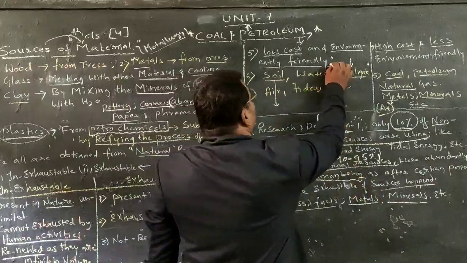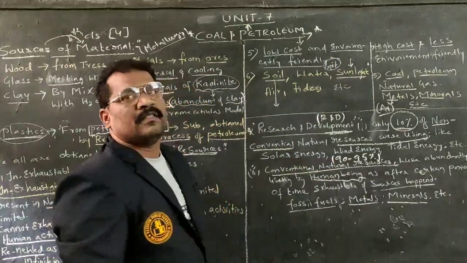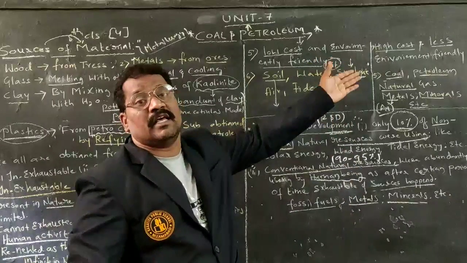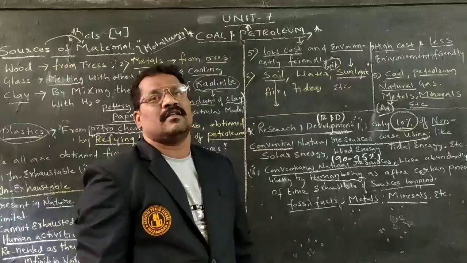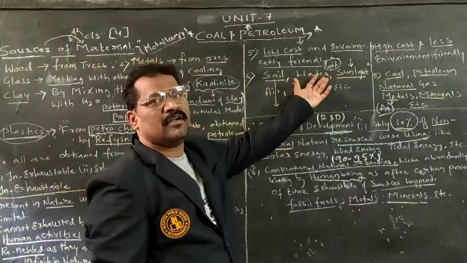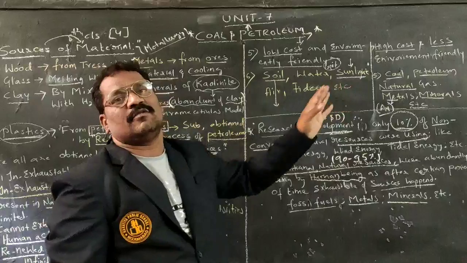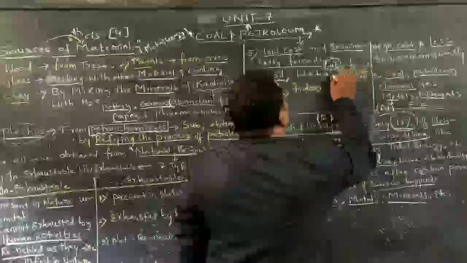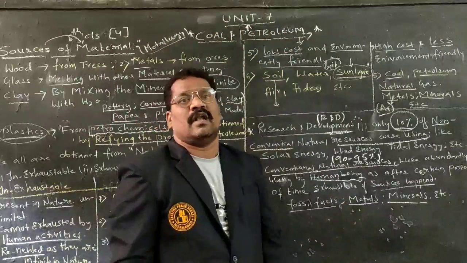Water resources. Our earth is covered with 70% water; 30% is land and 70% is water. So much water exists around the earth, and it can exist in more quantity, therefore it is called an inexhaustible natural resource. Sunlight: early in the morning, every day, the sun exists.